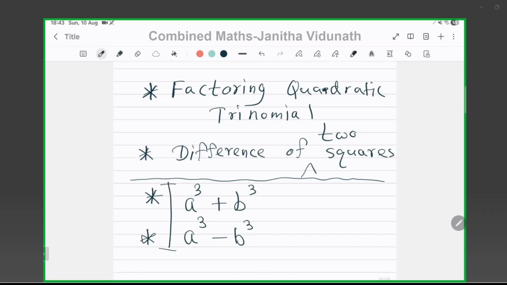I plan to cover those two and all the factorization methods in our next class. After completing the factorization part, I plan to cover binomial expansion.